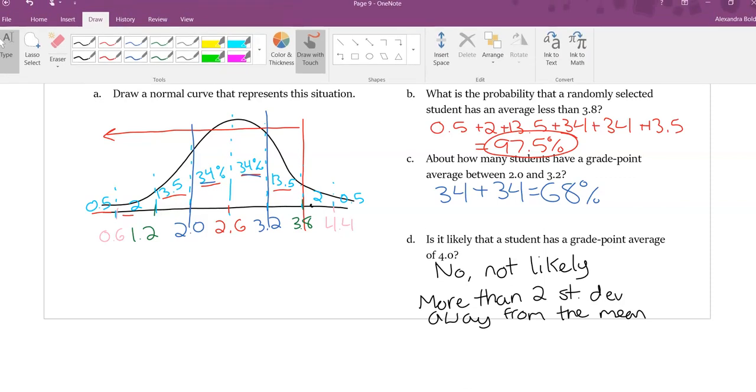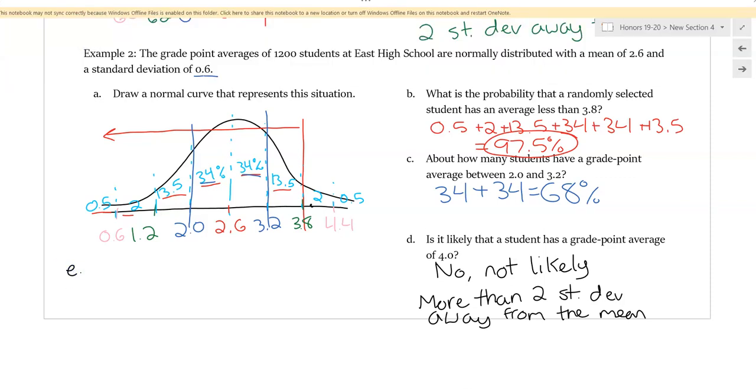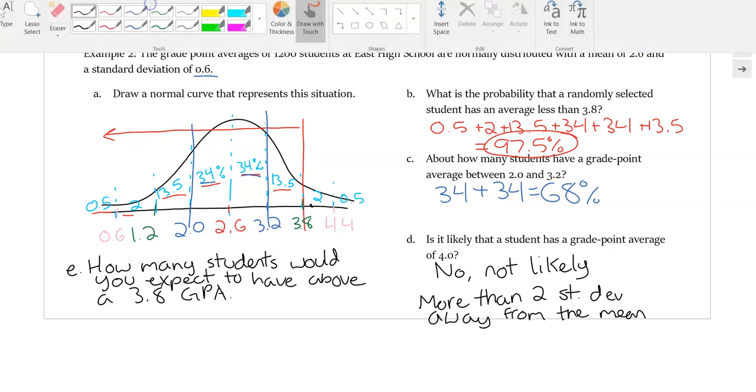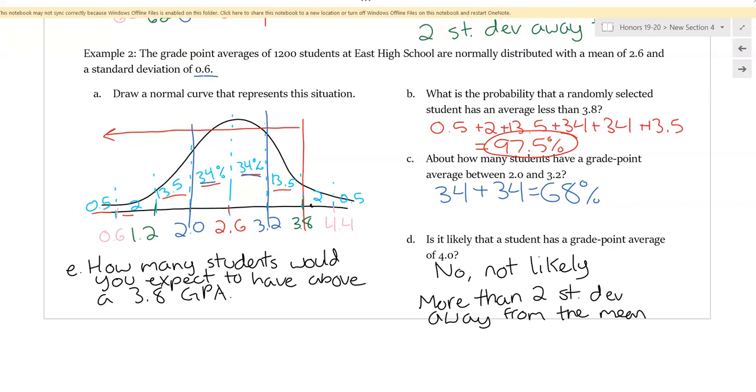Something else it might ask, especially when it gives you a number, is, let's say, how many students would you expect to have above a 3.8 GPA?